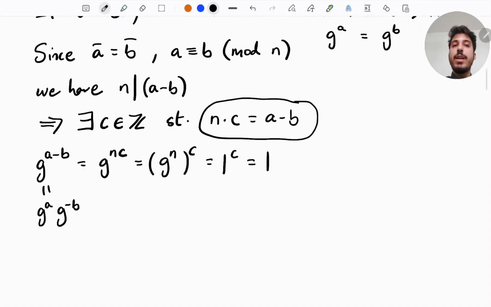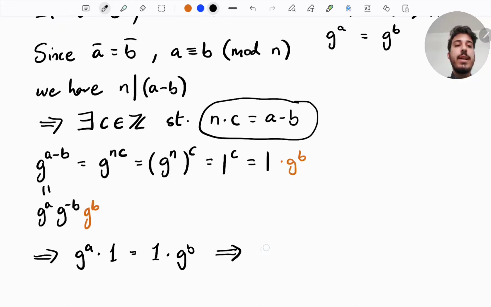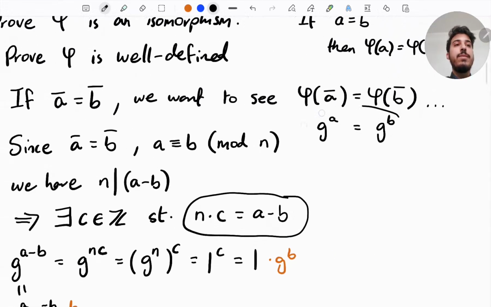And if we multiply both sides of the equation by g to the b, we will have that g to the a times the identity is equal to the identity times g to the b, and this gives us that g to the a is equal to g to the b, therefore proving that phi is a well-defined map.